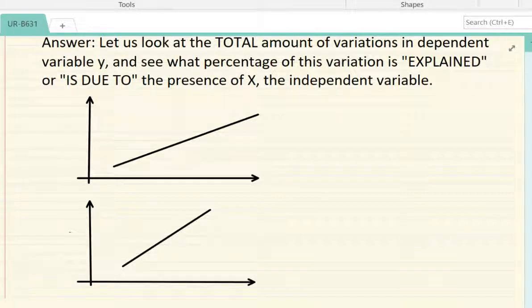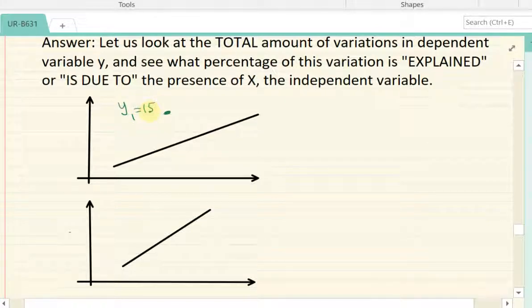Okay, so I'm going to make up a point here. This point, I'll call it y1, 15, and suppose, just making these numbers up, by the way, and oops, I didn't want to have a point here, sorry. I actually want to have the predicted value at this level of x; here's your x, here's your y.